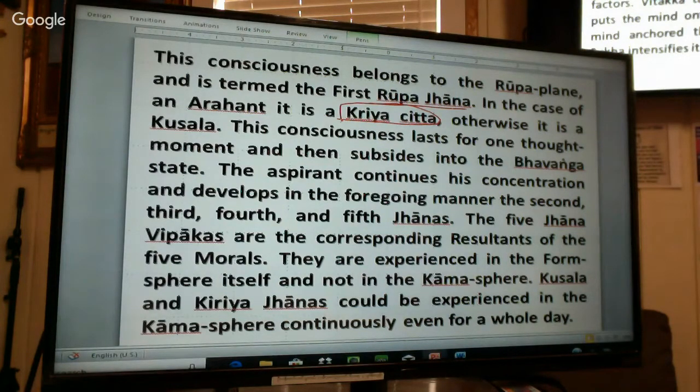So, yes, for the human being, it's 7 days because we depend on the ahara, the nutrition, the food. In the other planes, the form sphere and formless sphere, they can stay as long as they want. There's no limit. They can stay with the jhana.